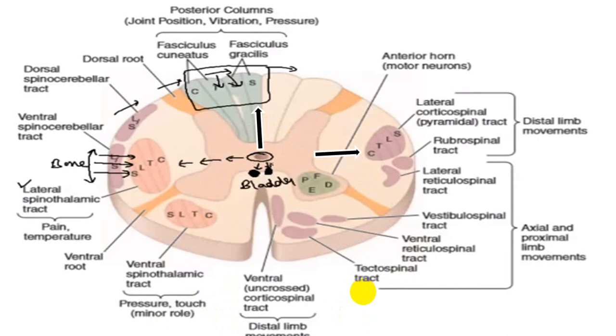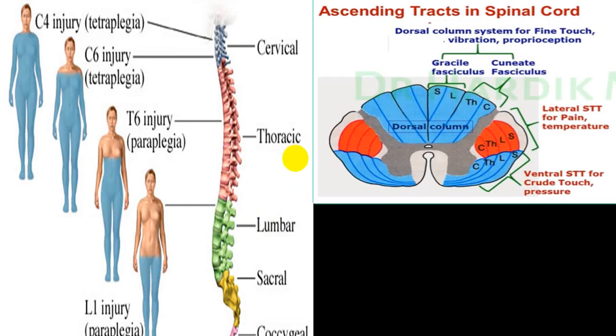Whenever you take a cut section of the spinal cord, it has two sulci. If we look here, this will be the anterior, and this will be posterior, which divide the spinal cord into two halves, right and left. We have gray matter, that is posterior horn, anterior horn, and a lateral horn.